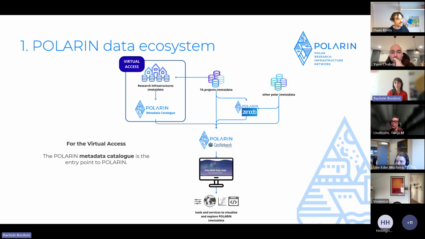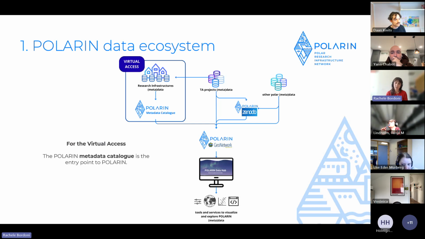The research infrastructure and the POLARIN metadata catalog form what we call the virtual access. So for the research infrastructure to be able to get their data into the POLARIN data flow, it needs to be integrated into the POLARIN metadata catalog. This is our entry point for the POLARIN data ecosystem.